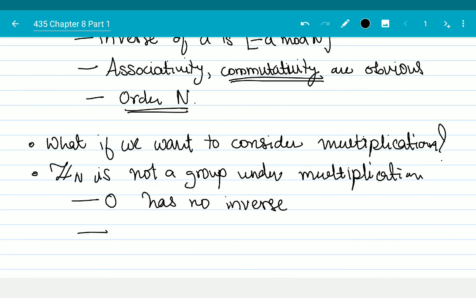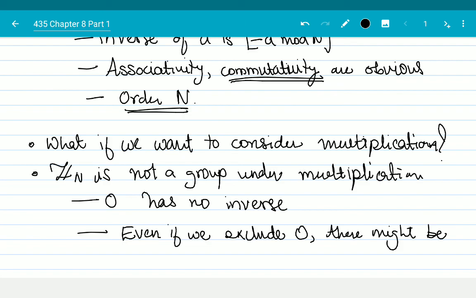I will just remove 0. Even if we exclude 0, there might be numbers multiplying to 0.